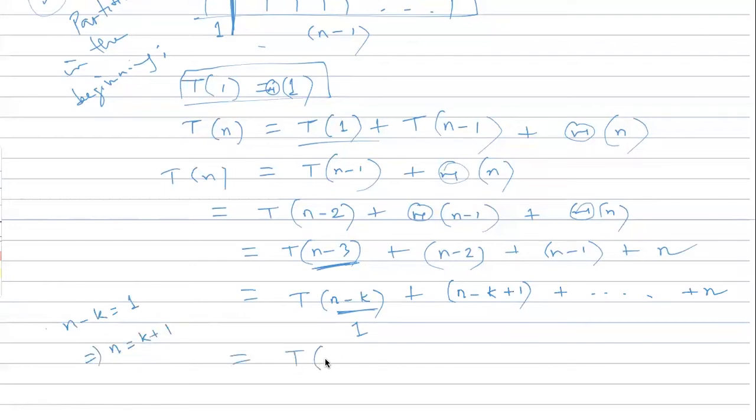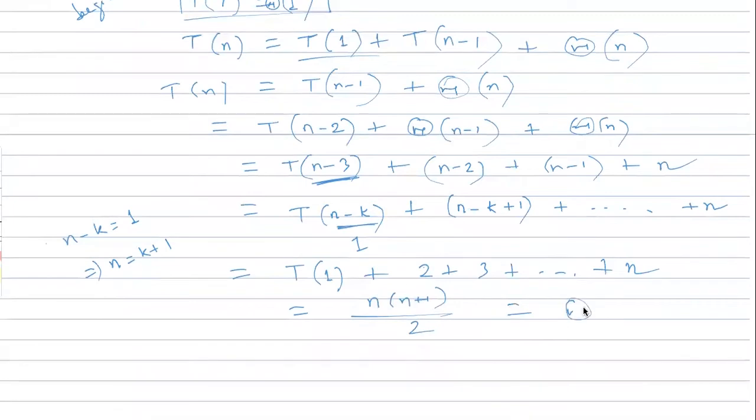So we can write T of 1, and this is going to be k plus 1 minus k plus 1. So effectively, this is going to be 1 plus 2 plus 3 plus dot dot dot plus n. And this we know, n into n plus 1 divided by 2. So this is basically order of n square.